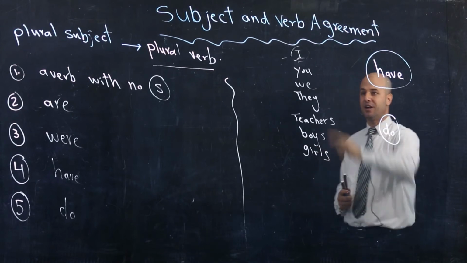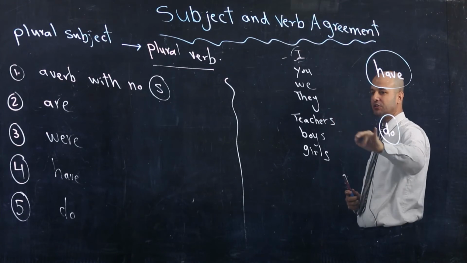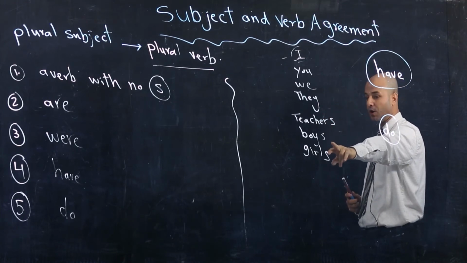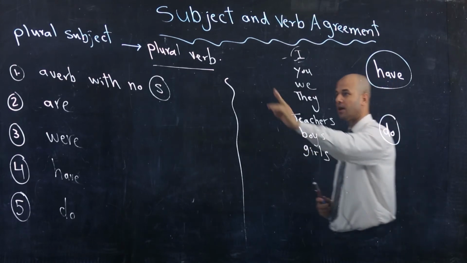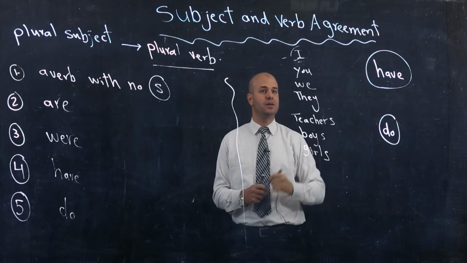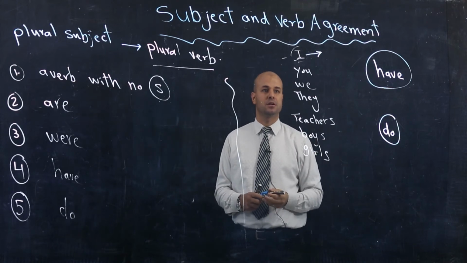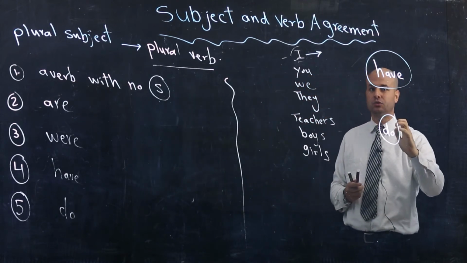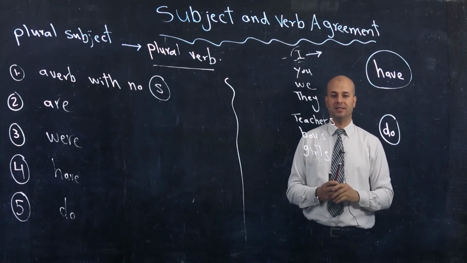And do: I do, you do, we do, they do, teachers or boys or girls do, or any plural subject, right? So the same question here. I is considered a singular pronoun, but it comes before have and do. It's the exception that I mentioned before, right?